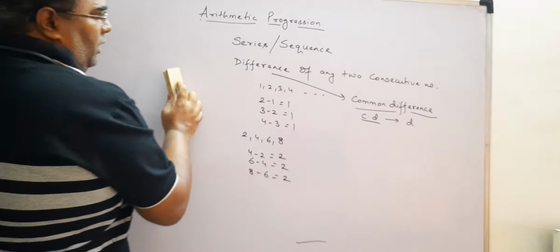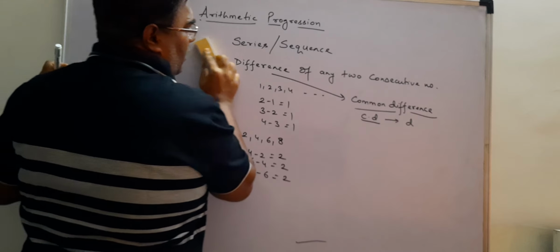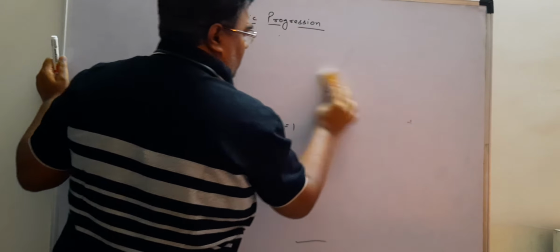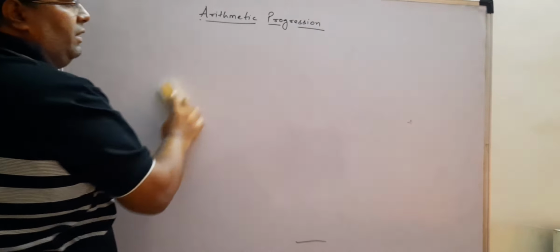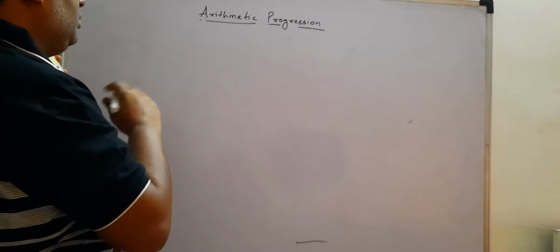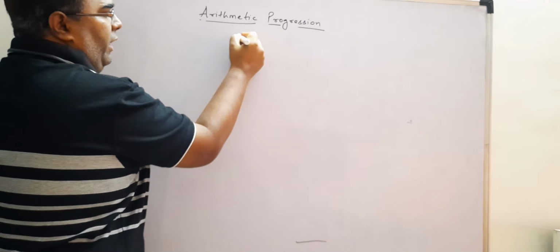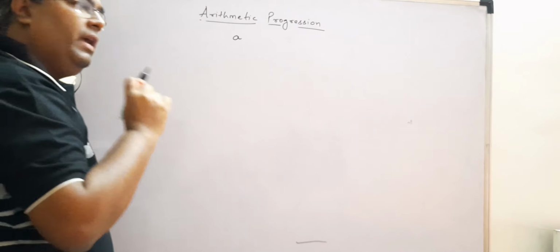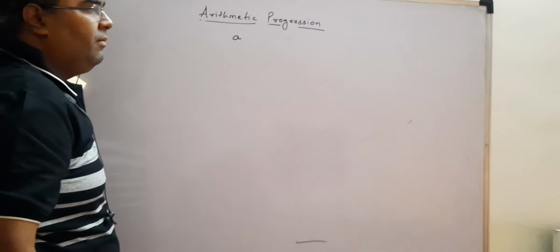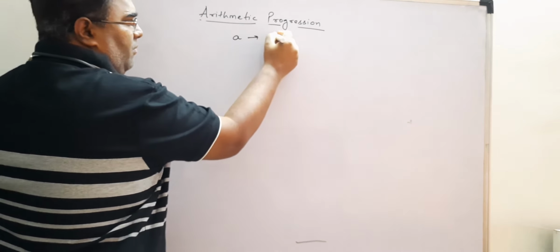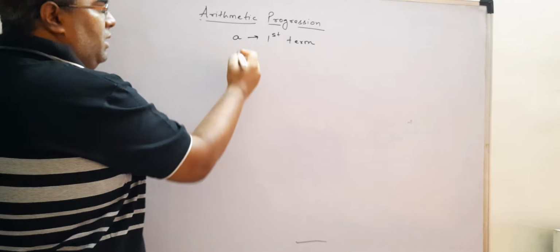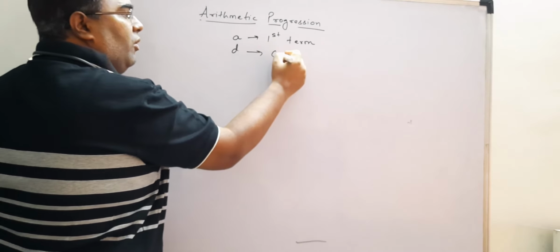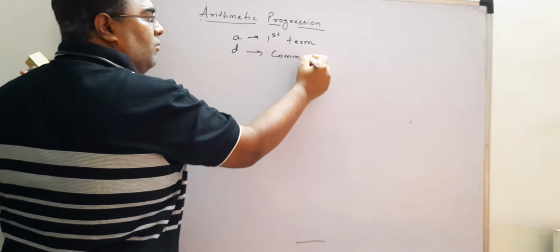Got it? So there are basically 5 things in arithmetic progression which we need to find out. What are those? A. The first term of any sequence is known as A. D, you already know this, common difference.